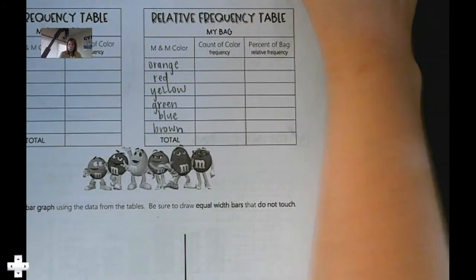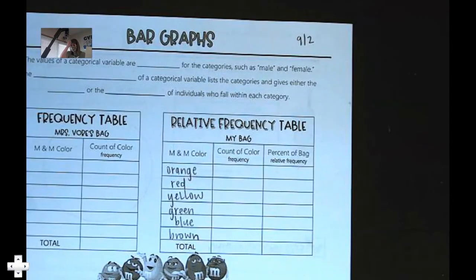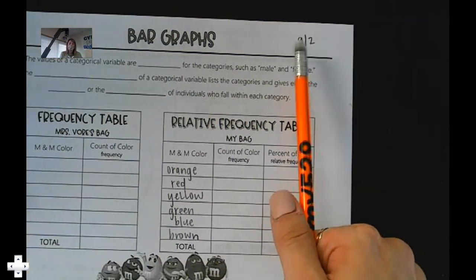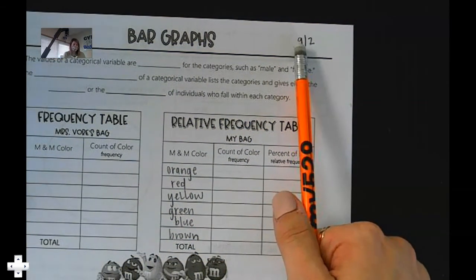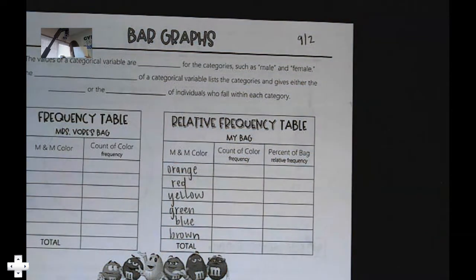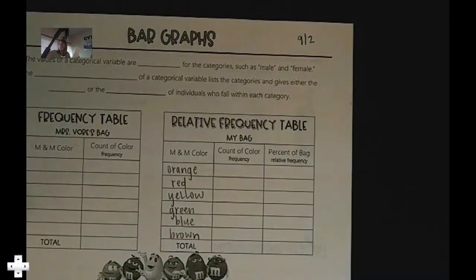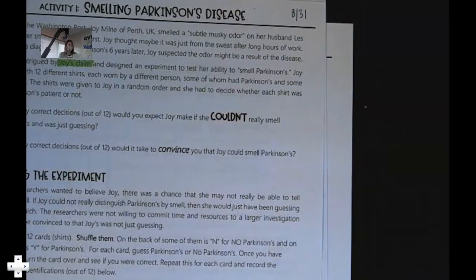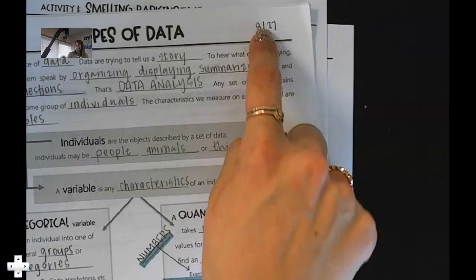On my notes, I'm going to keep track of what we're doing by putting the date in the corner. So we're going to finish this on 9/2. That's why I'm writing 9/2 there. Shelby, do you want to take them their activity for the day? Shelby's going to bring you what we're actually doing today. On that paper, I would put 8:31, and then the types of data paper is 8:27.